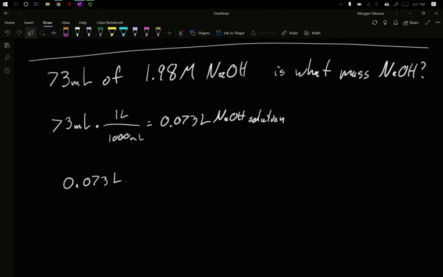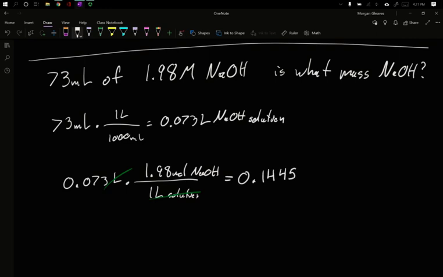And I know that if there was 1 liter of my solution, there'd be 1.98 moles of my chemical. Well, my liters of solution will cancel out, and I'll be left in moles of my chemical. So 0.073 times 1.98 is 0.1445 mole of NaOH.